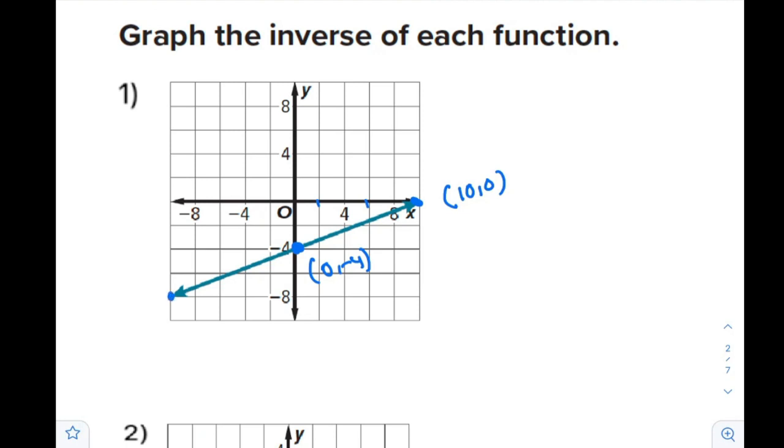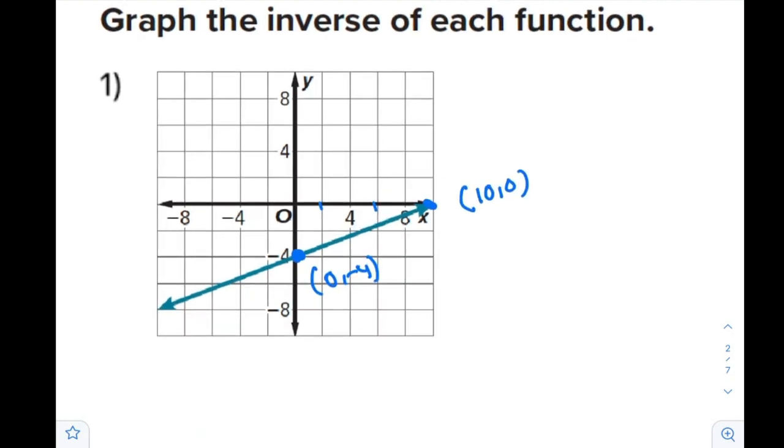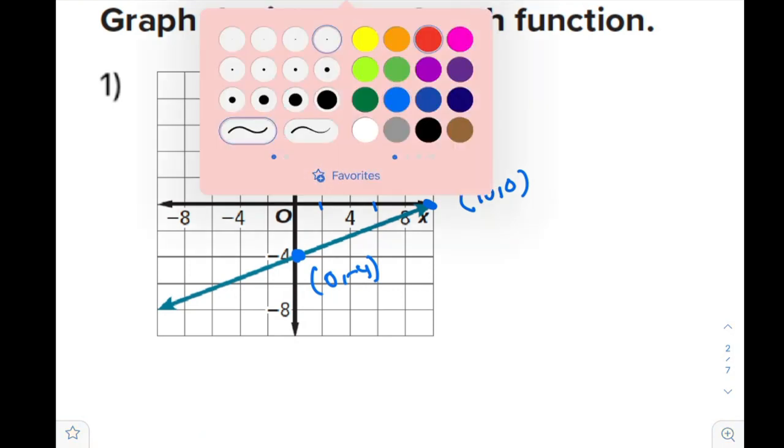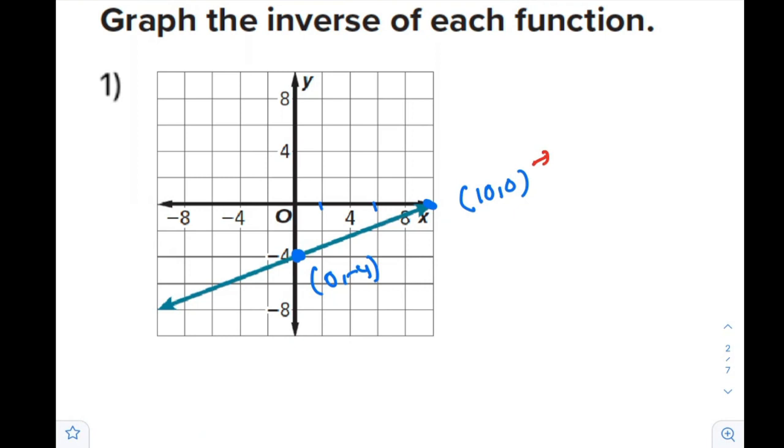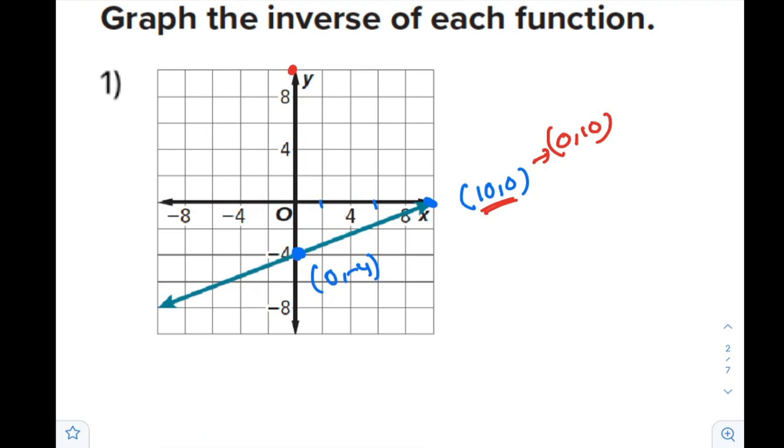We will now use the points that we have used, this and that. If you want the inverse of those points, then this will become (0, 10). And (0, 10) is on the y-axis. So as a first conclusion, (10, 0) was called the x-intercept.